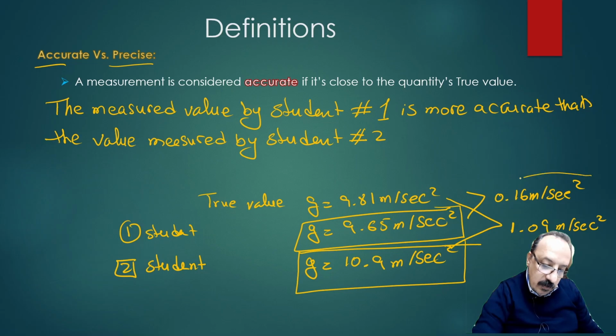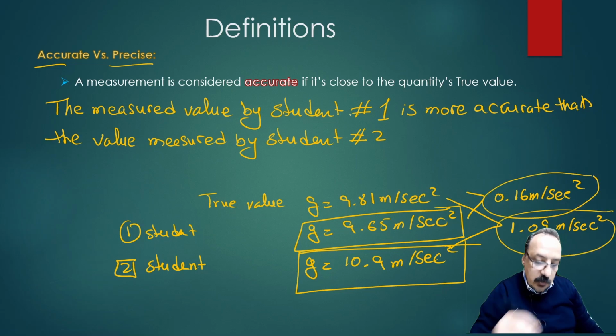Because the measurement error is smaller. Okay, so this is what we mean by accurate.